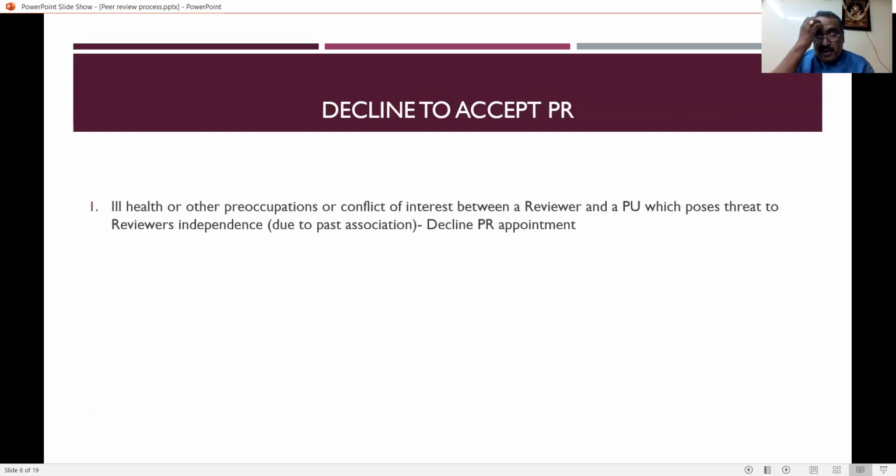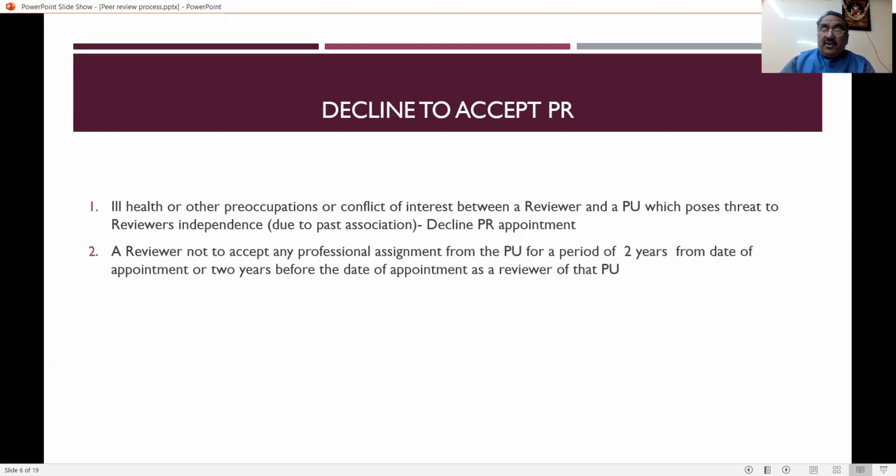If any of this applies to you, then you have to decline to accept the peer review. That is, if you have ill health or other preoccupations, or a conflict of interest between a reviewer and a practice unit which poses a threat to the reviewer's independence due to past association, then he must decline the appointment as a peer reviewer for that unit.